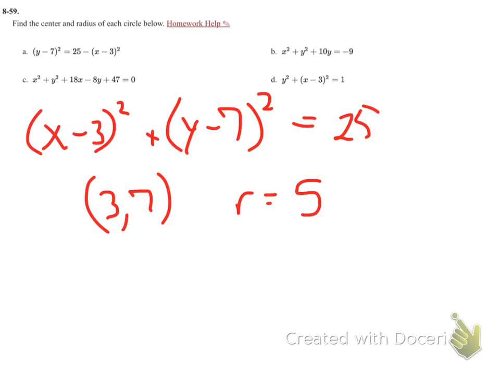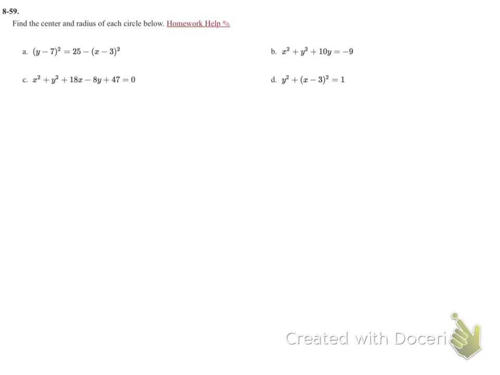Problem B and C get a bit more difficult. So problem B, I have x squared plus y squared plus 10y equals negative 9. A few things here.